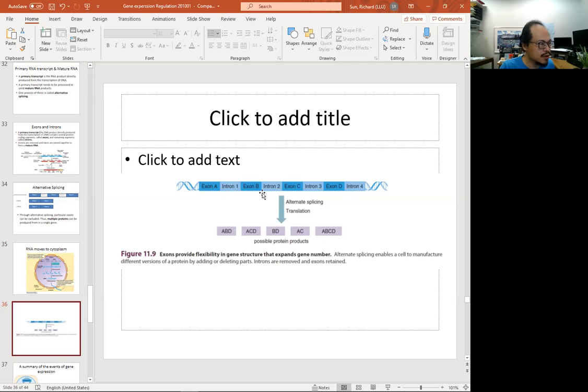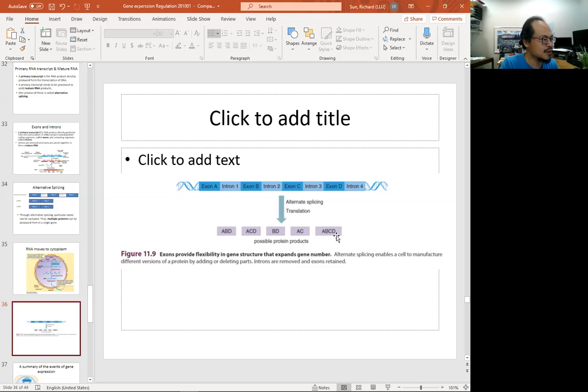Exon 1, intron 1, exon, intron, exon. So we can have A, B, D, or A, C, D, right? Just one code, we can have 1, 2, 3, 4, 5 different types of RNA. And those 5 different types of RNA can produce 5 different types of protein. These proteins coming from the same genetic code, we call them isoforms.